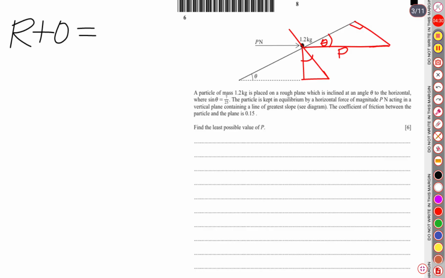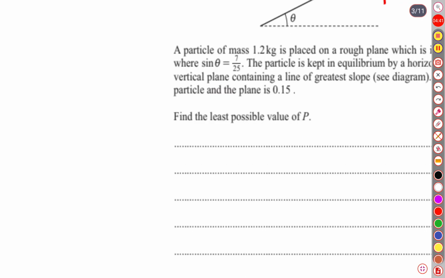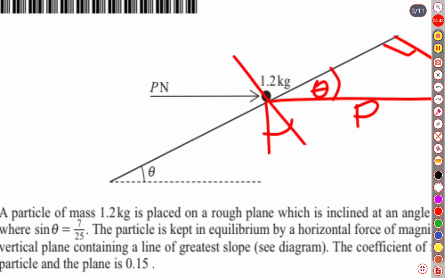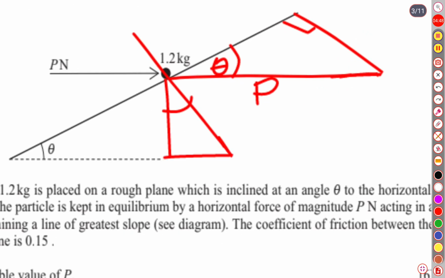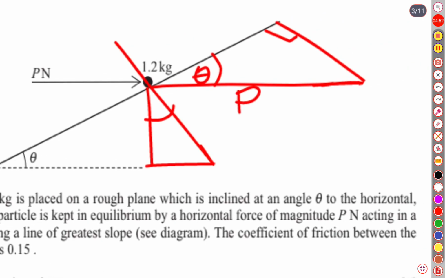No, we made a mistake while drawing this figure. It should not be like this. It should be something else. Let me erase and draw it once again. Okay, it will look like this.